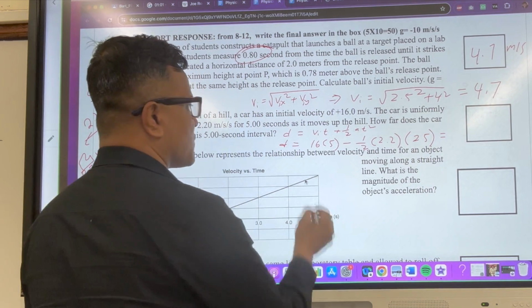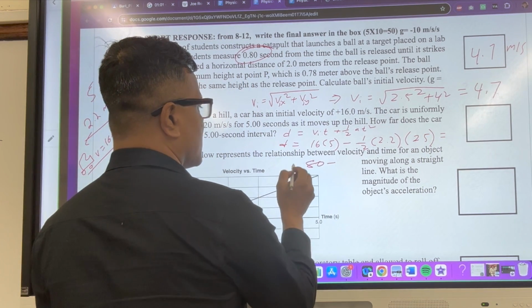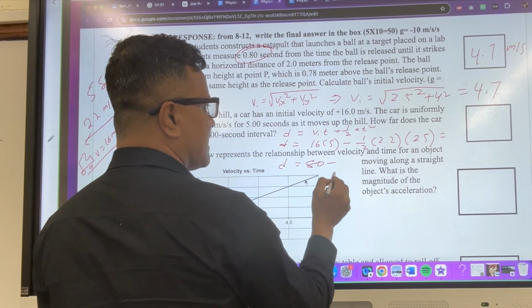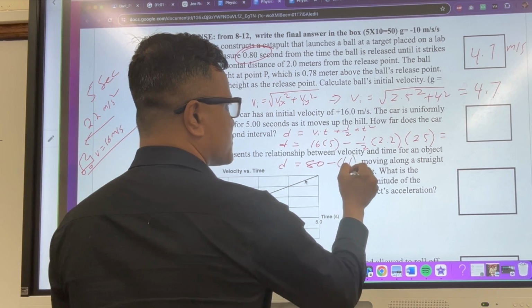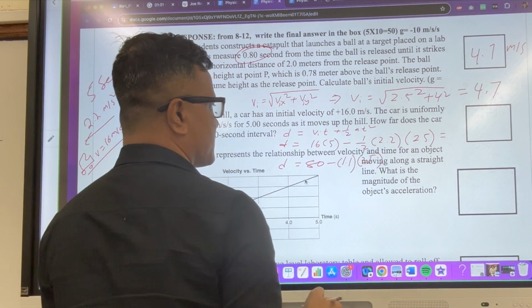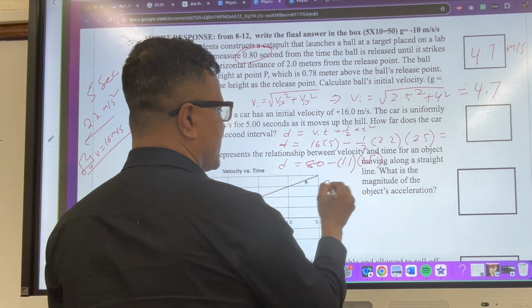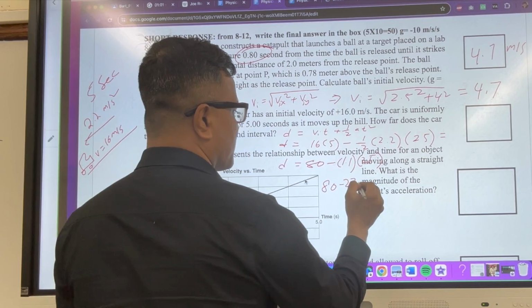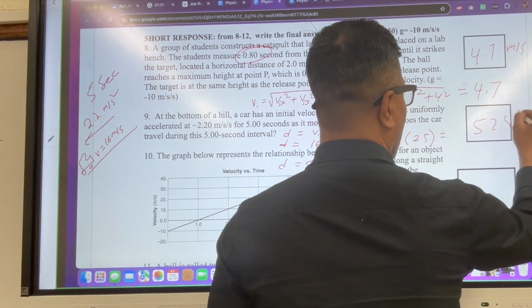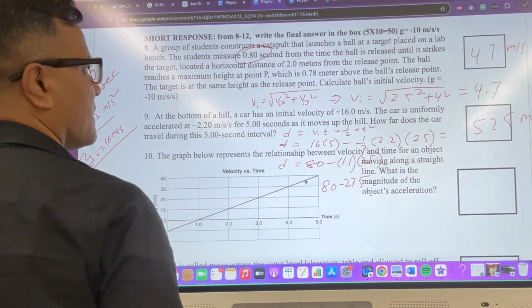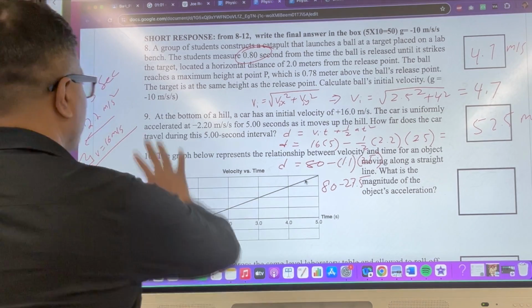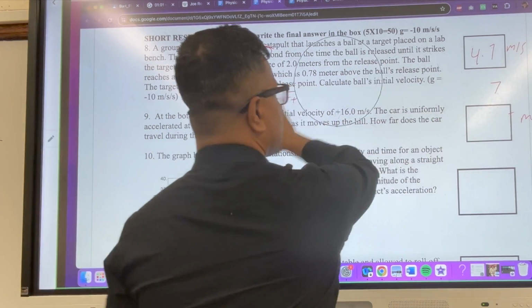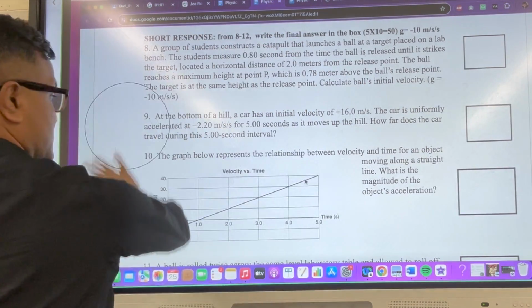So this is going to give you 80 minus 1.1 times 25, so 27.5. So 80 minus 27.5 is 52.5 meters. That is how far the car moves during these 5 seconds.